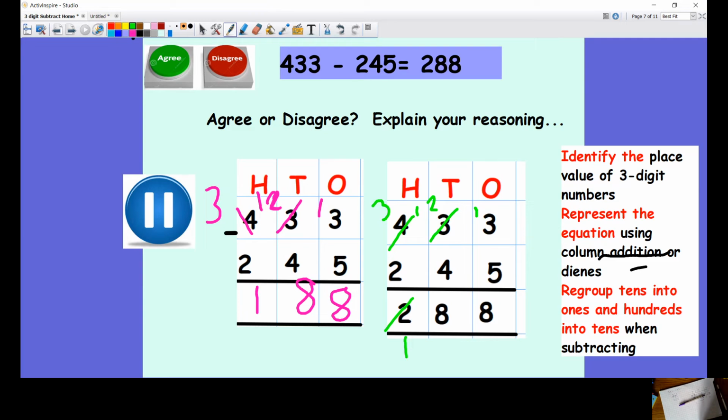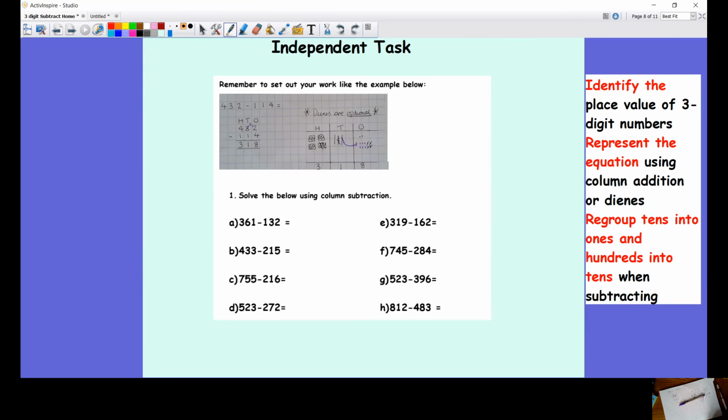So change your place value, changing from hundreds into tens and tens into ones. That is why you made a mistake here from regrouping from hundreds into tens, and you didn't show that you'd taken away 100.